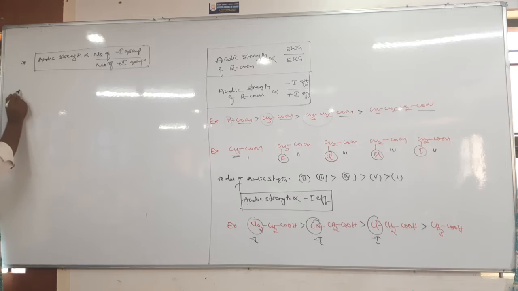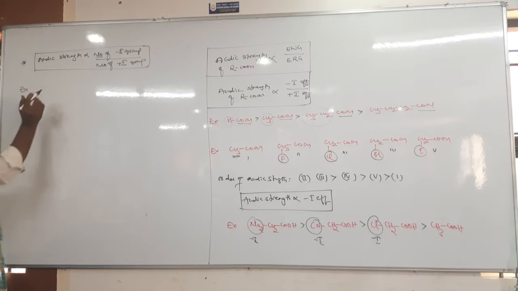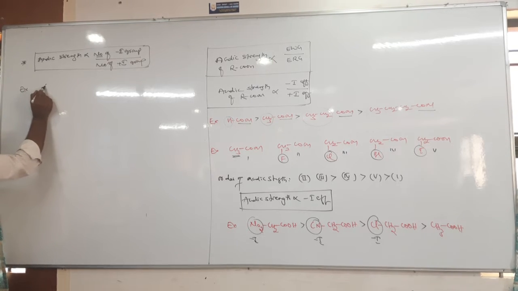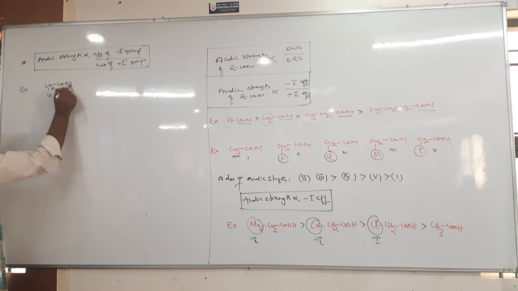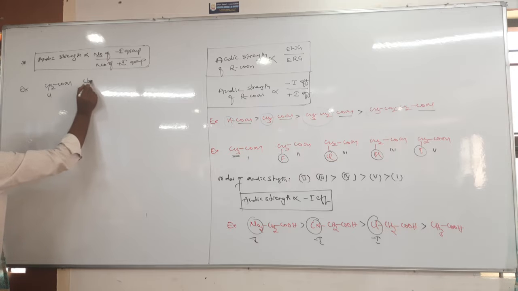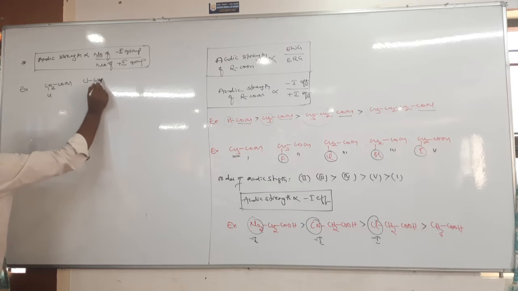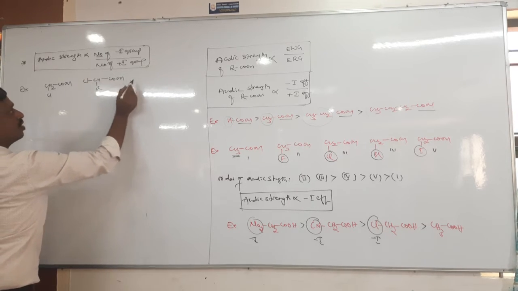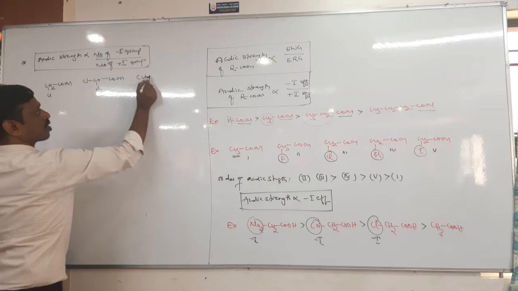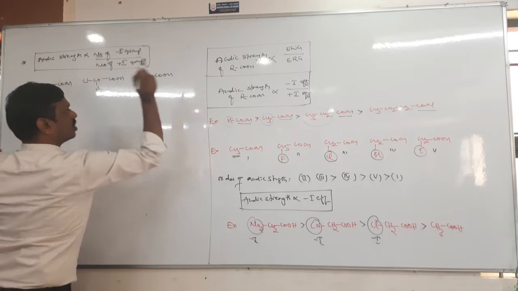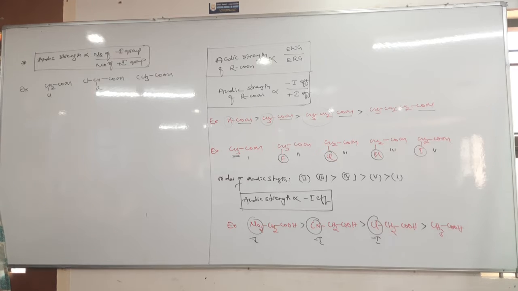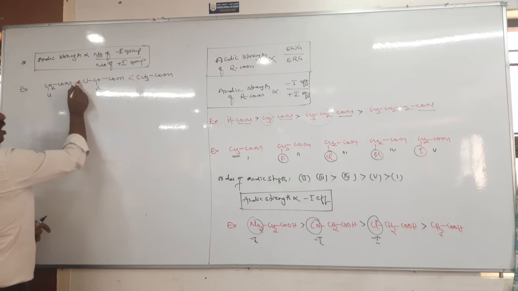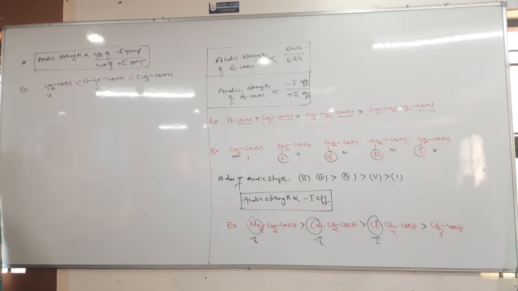For example, this was a previous CET question: chloroacetic acid, dichloroacetic acid, trichloroacetic acid. Which is more acidic? Trichloro, because there are 3 minus I groups. As the minus I groups increase, acidic strength increases.